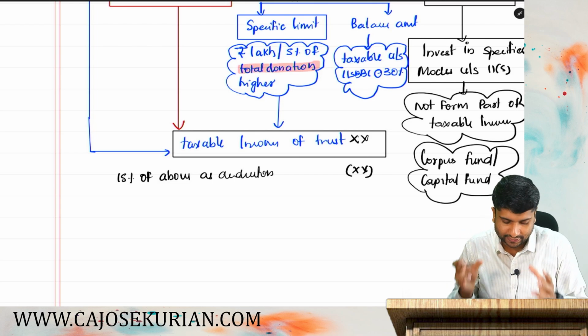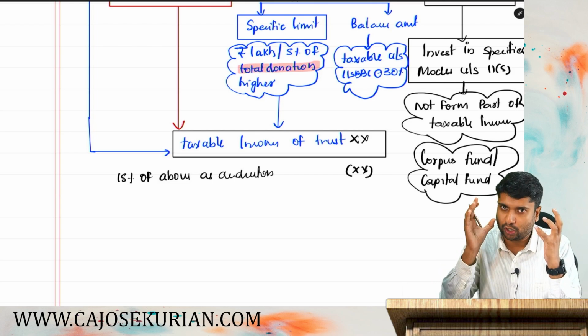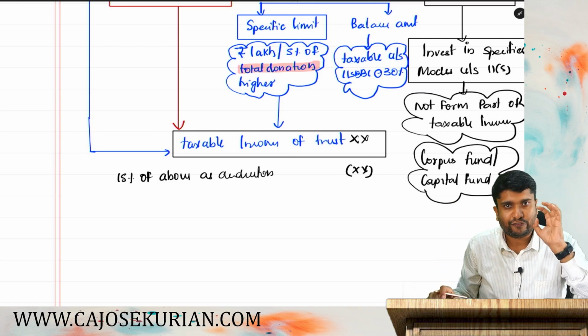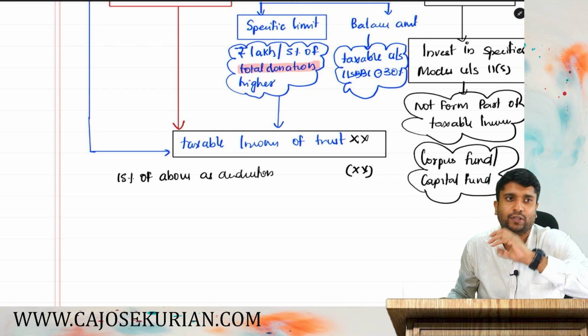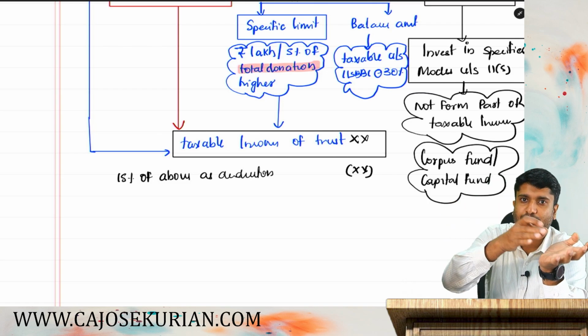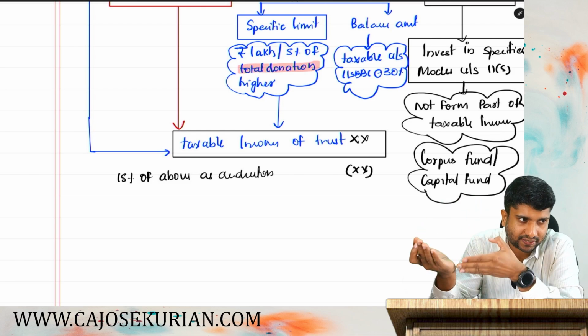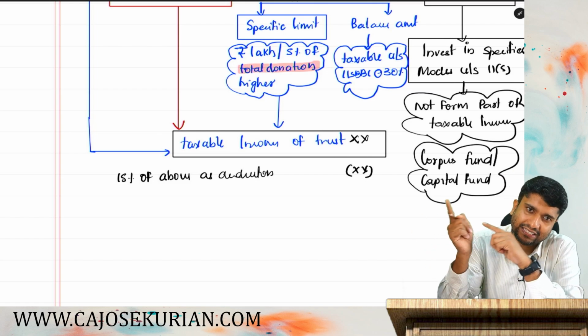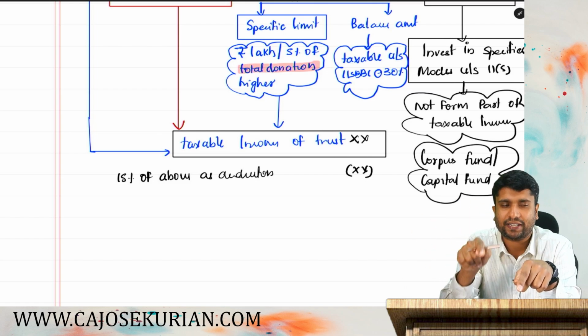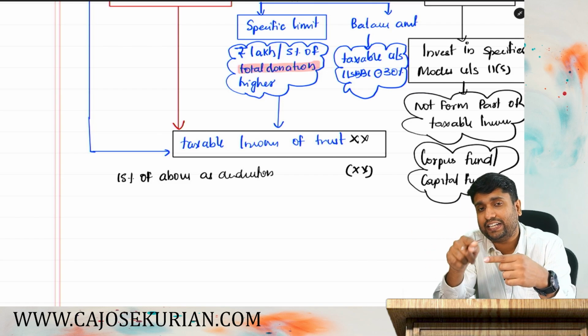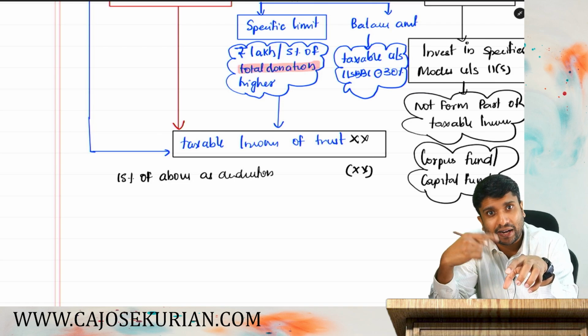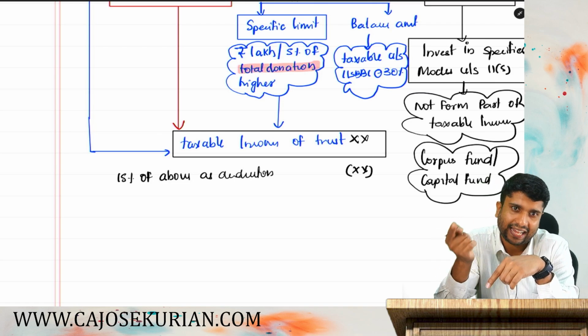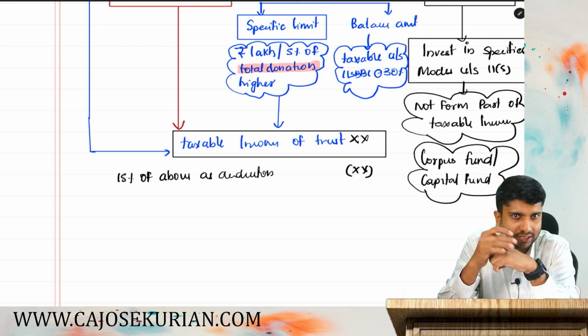So, the theory is very simple. However much your taxable total income is, you split that into two. 15%, just like a standard deduction, you can claim. That is a kind of accumulation for your future purpose. And the remaining 85% you have to mandatorily apply for the object of the trust in the respective year. What if you are not applying that 85% in full? You have to pay tax on that unapplied amount. This is what the department says.